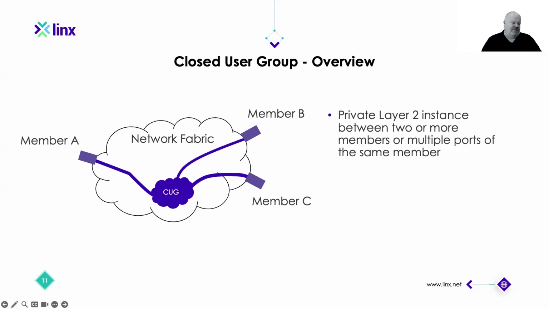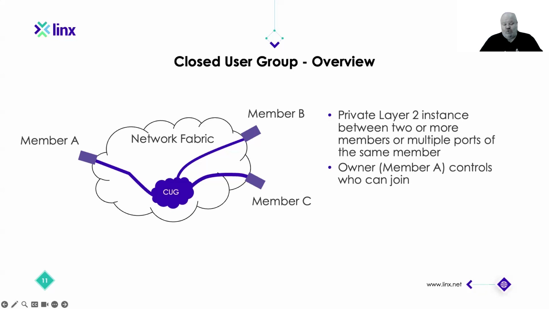So the typical use case is that you have multiple members, or multiple ports from a different member, depending on your use case. But otherwise, it is exactly the same. It is just a private layer 2 instance, your own layer 2 broadcast domain for any service that you want.